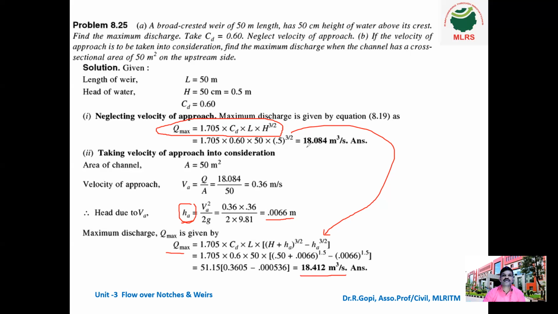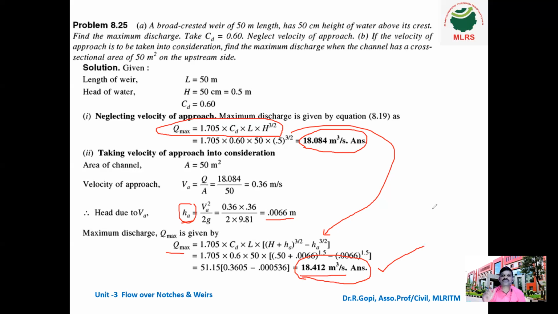So you can see without considering velocity of approach it is 18.084, while with considering velocity of approach it is 18.412. So the discharge is slightly increased.